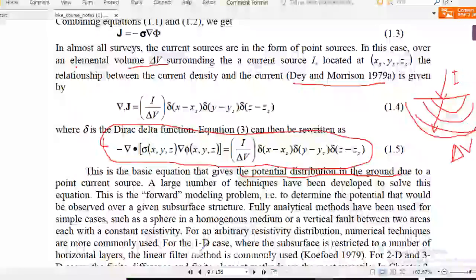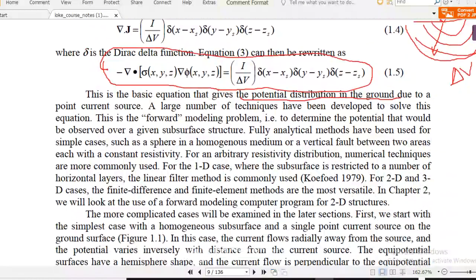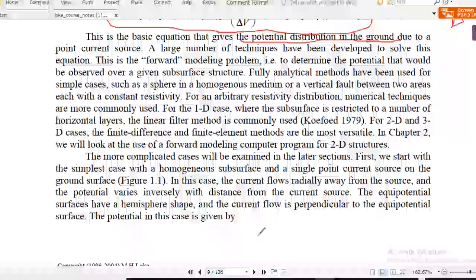For the one-dimensional case, where the subsurface is restricted to a number of horizontal layers, the linear filter method is used, by Koefoed 1970.